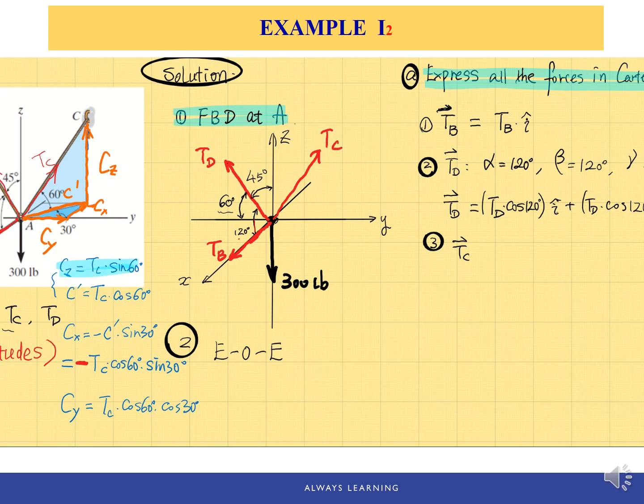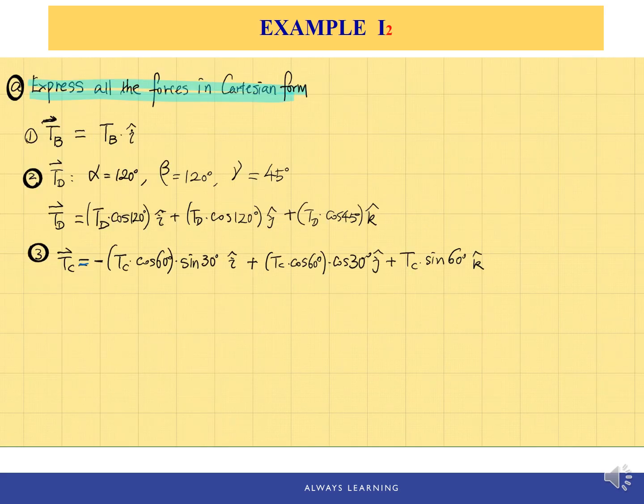Okay, so with Cz and Cx and Cy, we can easily put TC into vector form. So this is my TCx, TCy, and TCz. So we have now written three unknown forces into vector form, and the direction is given based on the trigonometry, and the only thing we don't know now is the magnitude.